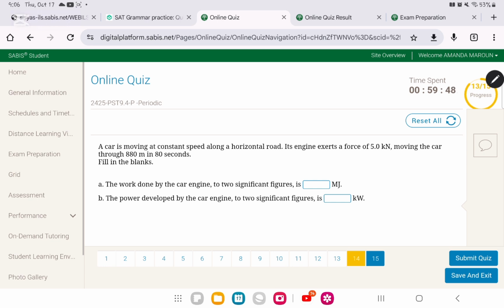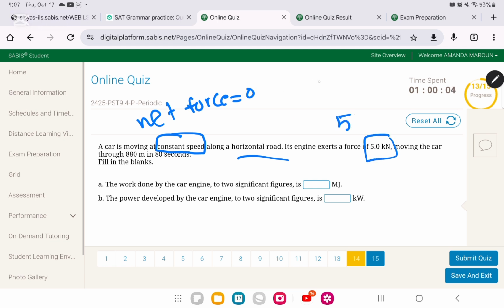Question number 14. A car is moving at a constant speed, meaning net force is equal to 0. If the engine along a horizontal road exerts a force of 5 kilonewtons, which is 5,000 newtons, moving the car through 880 meters, this is our distance, in 80 seconds, this is our time.